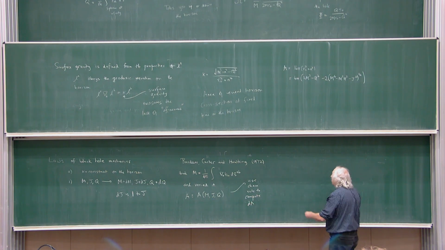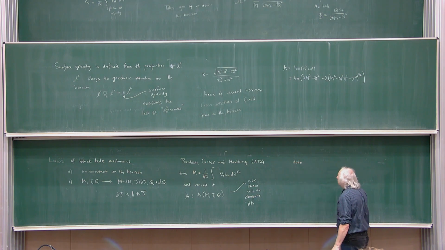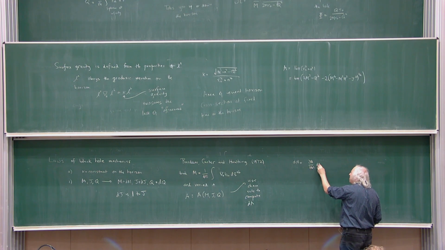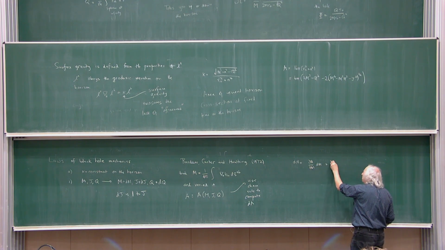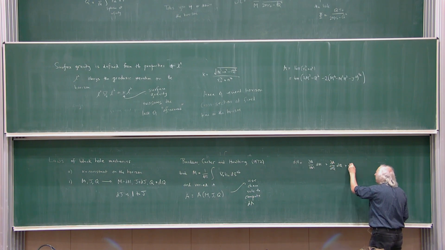So we would say dA is equal to dA dm dm plus dA dq dq plus dA dj dj.